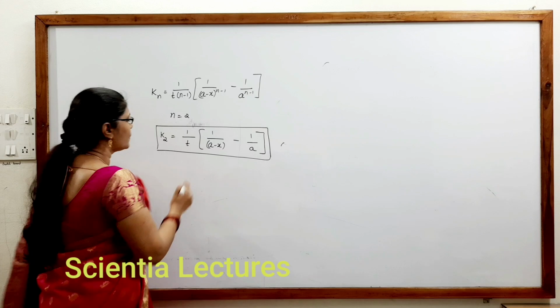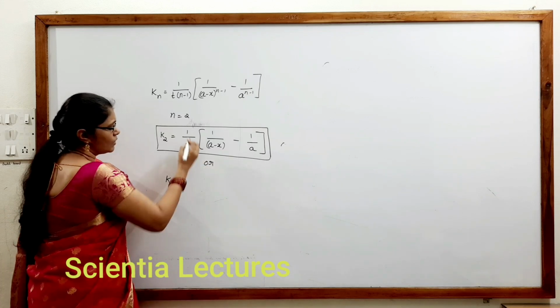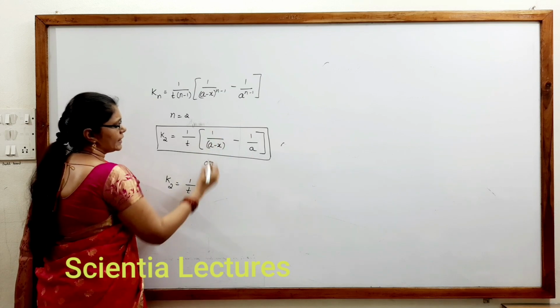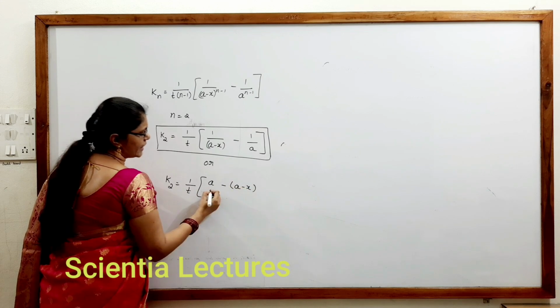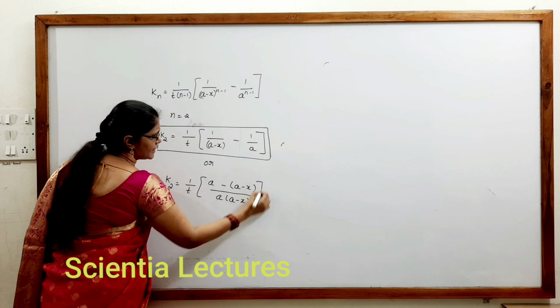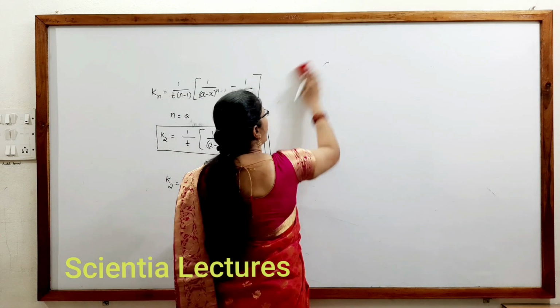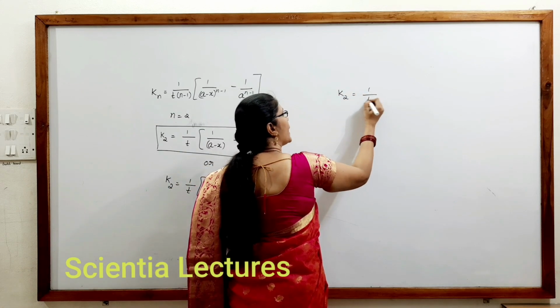Or it could also be written as K2 is equal to 1 by t into, taking the LCM, (A minus X) by A into (A minus X)... Then what can we write this rate equation as? K2 is equal to 1 by t.